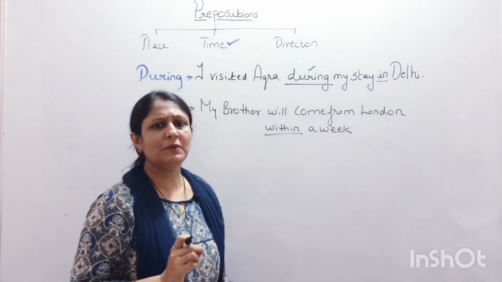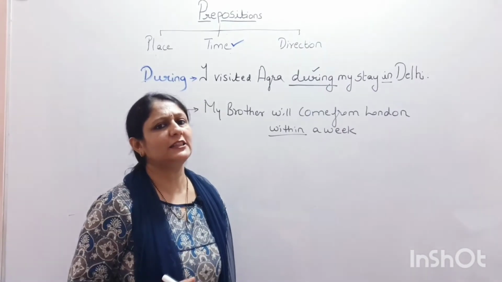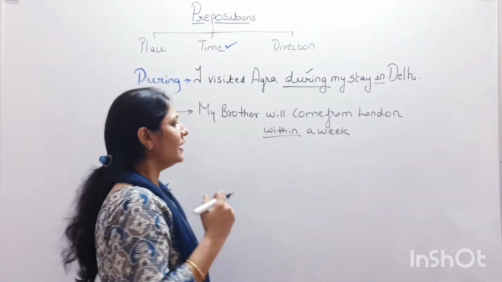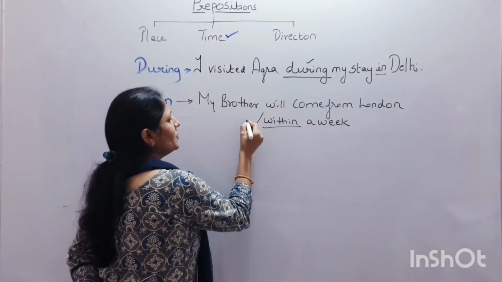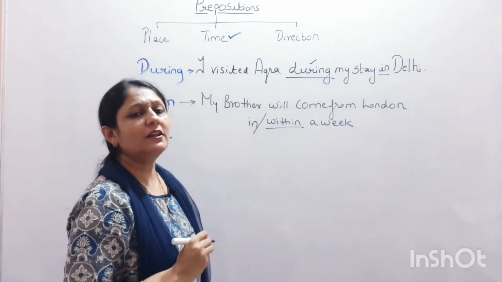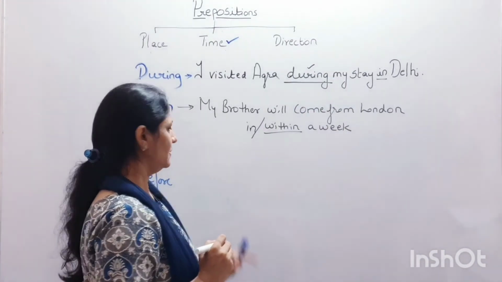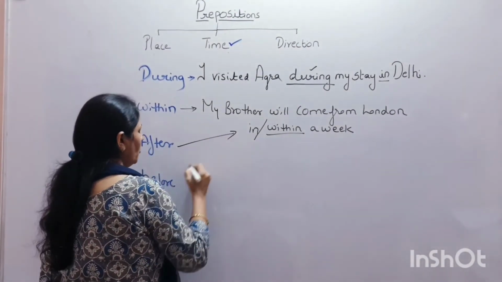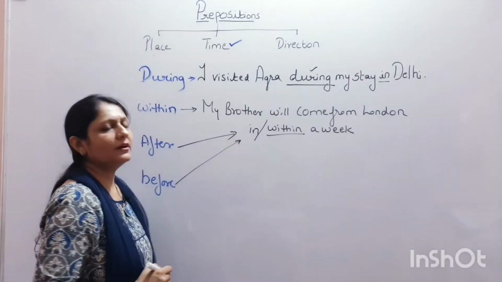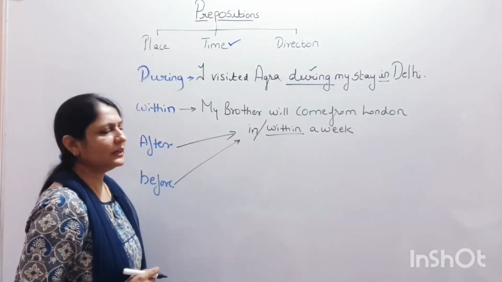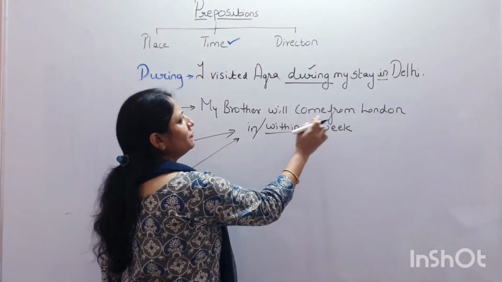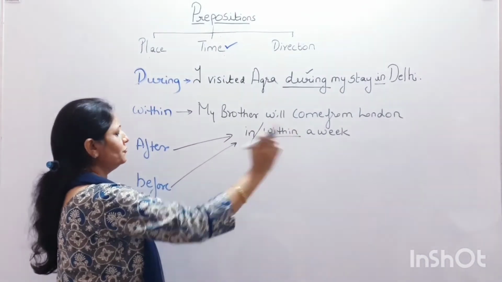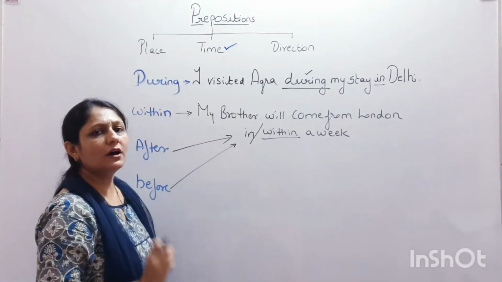Within a week मतलब एक हफ्ते के अंदर अंदर मेरा भाई लंदन से वापस आ जाएगा. I can also use the preposition in a week over here. As I told you, these two prepositions could have also been used here depending on the need. My brother will come from London after a week. My brother will come from London before a week.